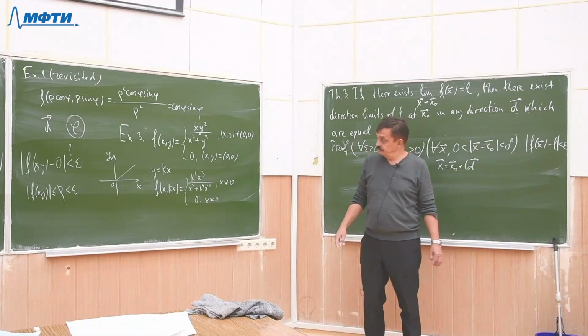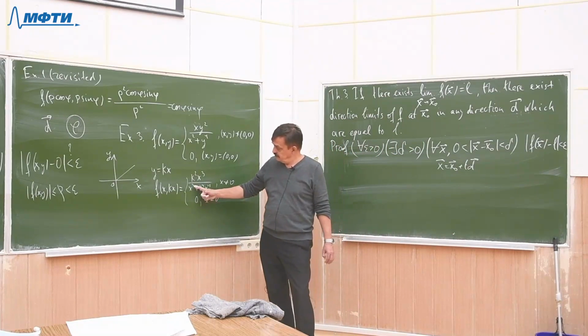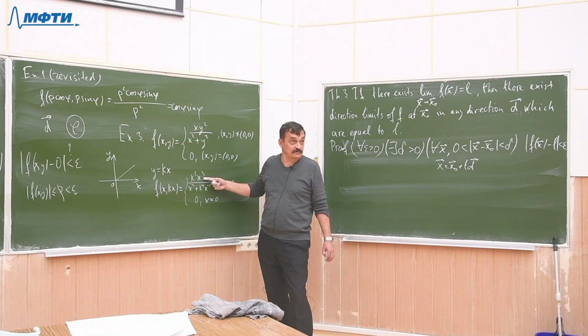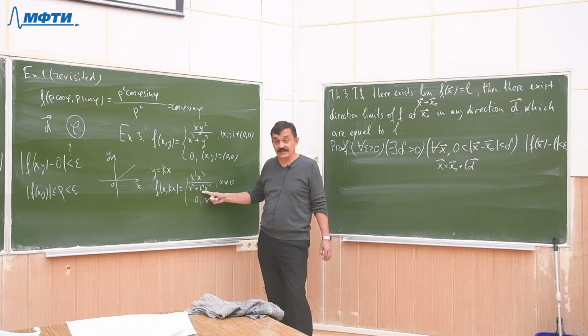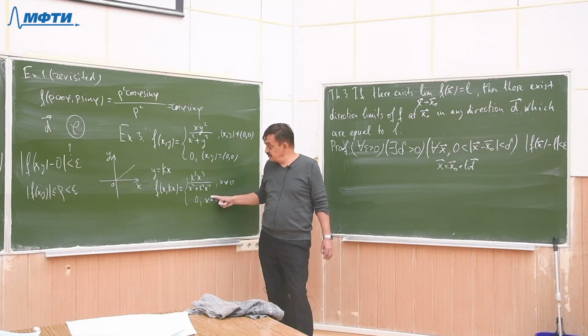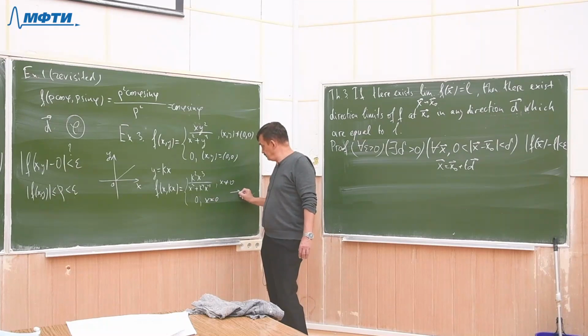Now look what happens. We can cancel x squared, and what remains? We have x in the numerator, and 1 plus x squared times something in the denominator. So we have limit 0 as x tends to 0.